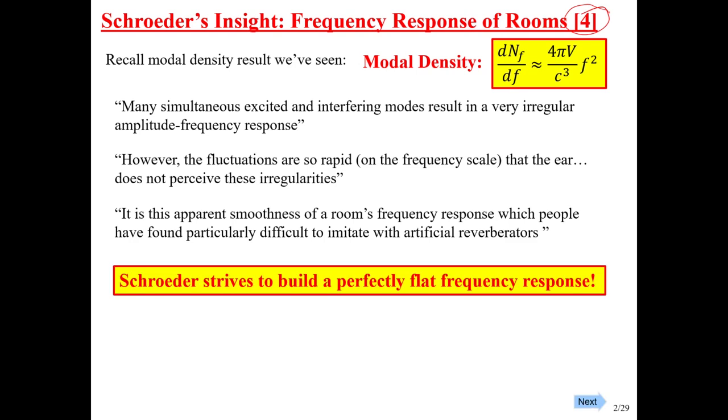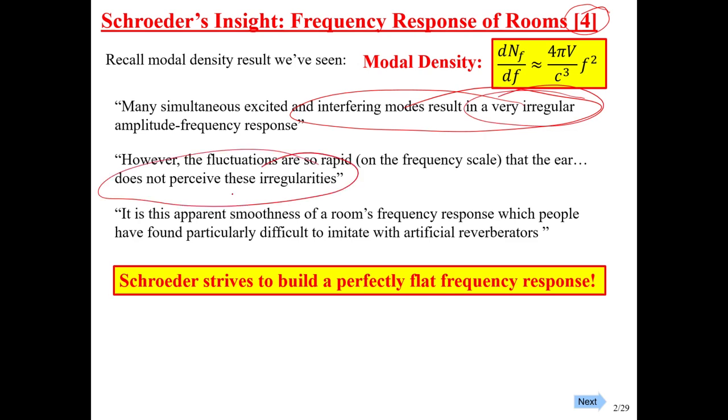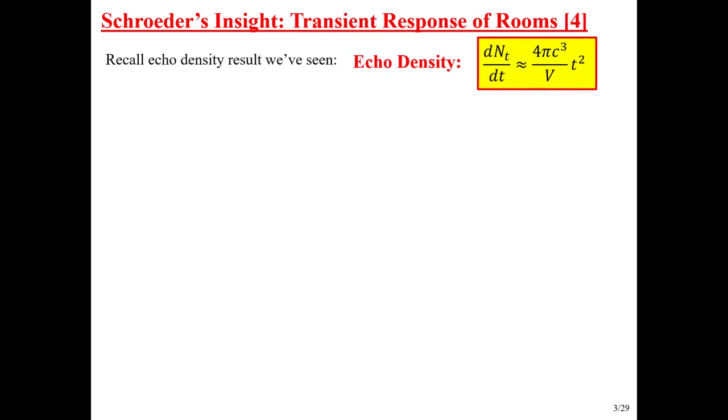So Schroeder says he's going to set out to just make a perfectly flat frequency response. Initially, he's just going to ignore the fact that there are all these interfering modes and irregularities, and say, look, if people hear them as flat, I'm just going to make this flat. So that's what he set out to do.